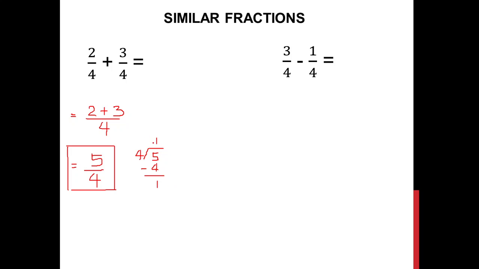Okay, so from here, we have a quotient and a remainder. The quotient will be our whole number. The remainder will be the numerator of the fraction, and then the denominator will be the divisor here. So 5 over 4 here is also equal to 1 and 1/4.